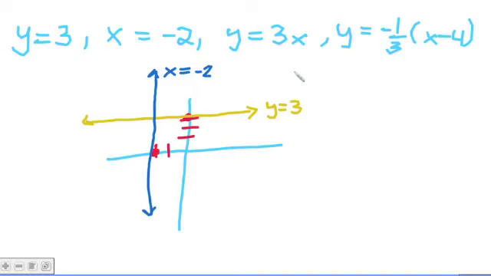The slope of the line described by y equals 3x is 3. Now remember, that could also be 3 over 1 because it's rise over run. The slope of the line described by y equals -1/3 times x minus 4 is going to be -1/3. So the slope over here is -1/3.